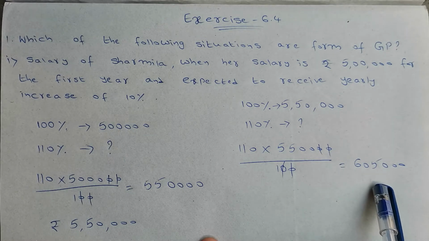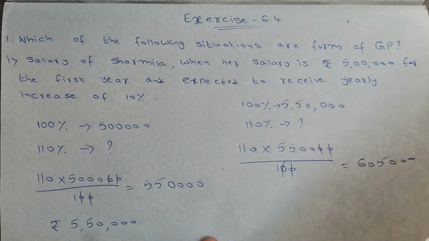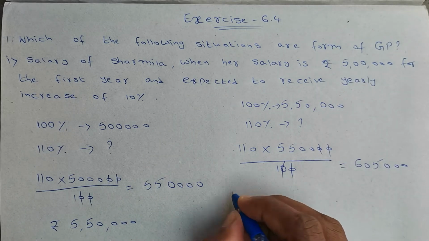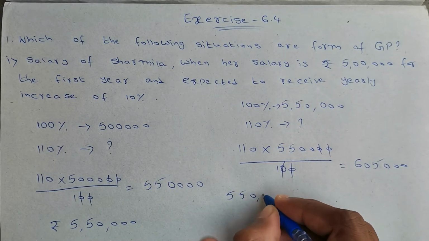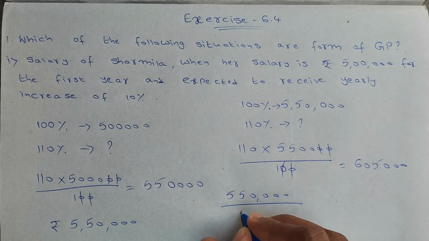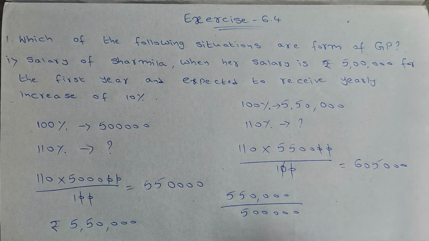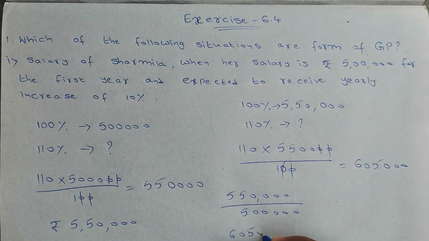Now we need to find out whether these are in GP or not. So second year divided by original amount: 5,50,000 divided by original amount 5 lakh. Next, third year 6,05,000 divided by second year 5,50,000.